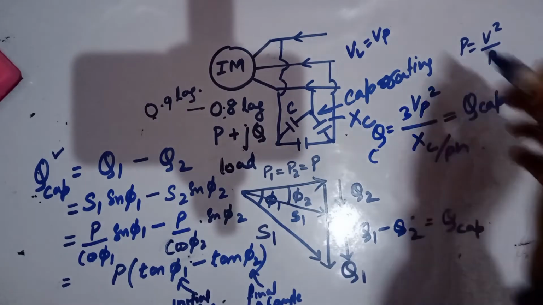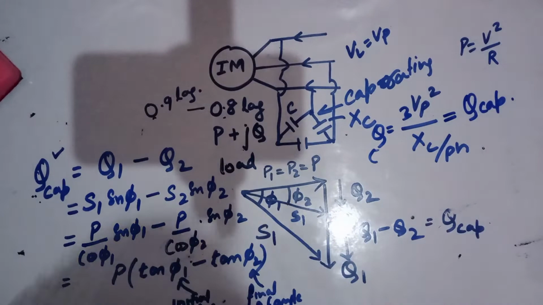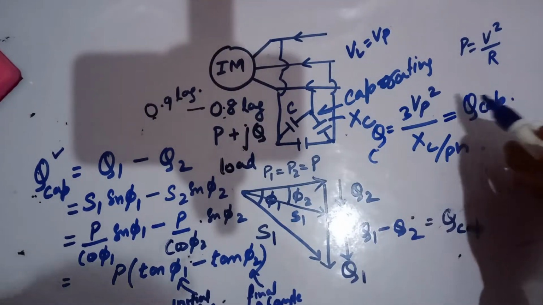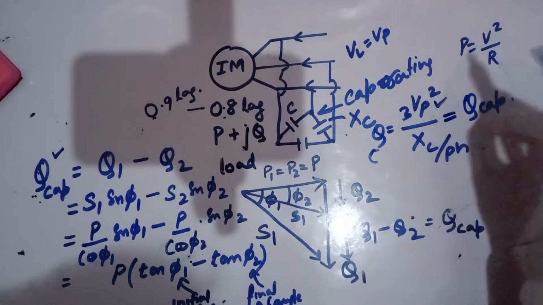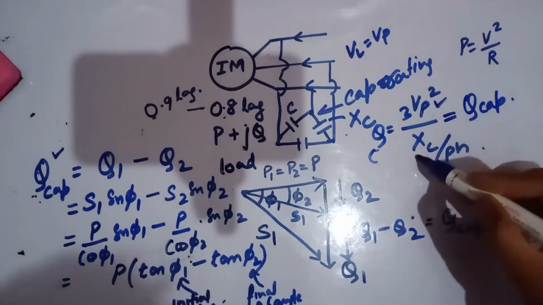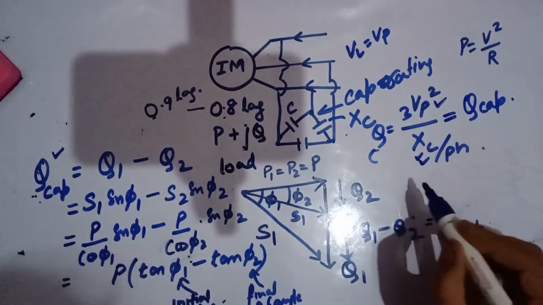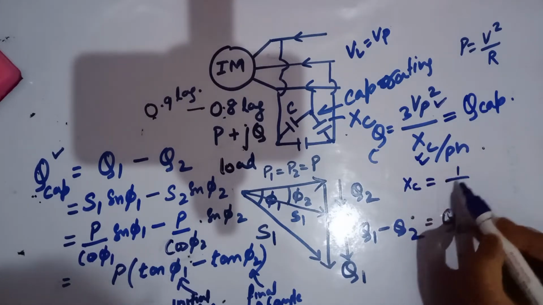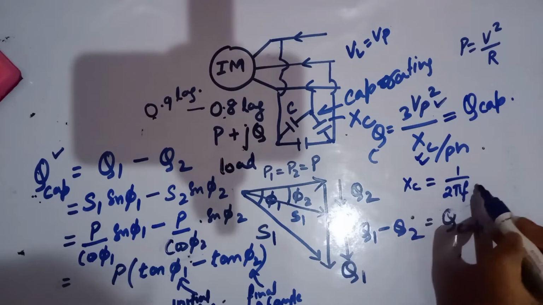Now this is how you can calculate, and this phase voltage will be given. From here you have to calculate Xc, and Xc is 1 upon 2 pi fC.